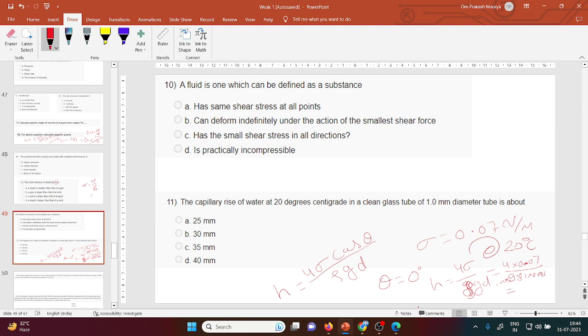After solving, how much will you get? Let me write it clean here. h is equal to 4 into 0.07 divided by 9.81 into 1000 into 0.001.